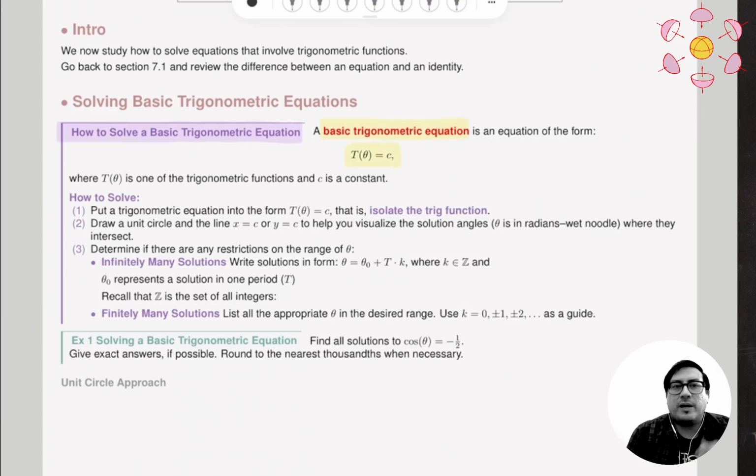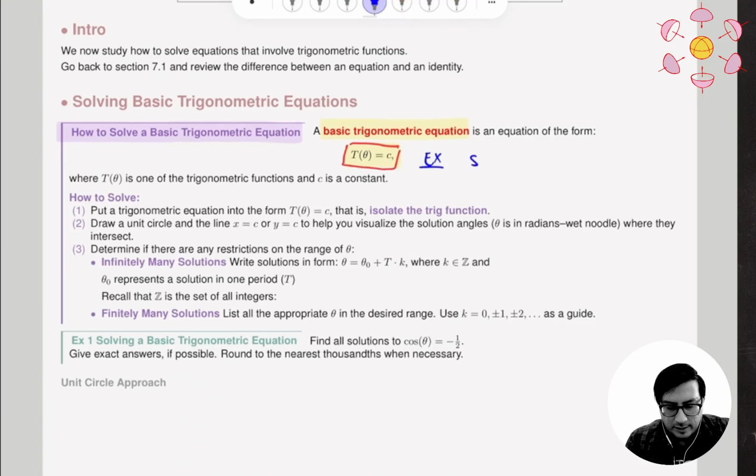But let's talk about this purple box here. It says how to solve basic trig equations. So what do we mean by a basic trig equation? I'm going to write it in this format: T(theta) = c. It's kind of abstract, but T(theta) is one trig function, and c is some sort of constant. Let's put a quick example.